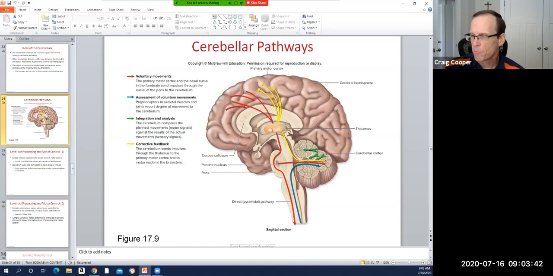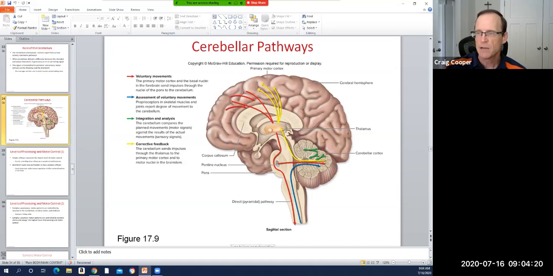Initially we've got this blue one coming into the cerebellum, receiving information from the body, from the proprioceptors, the Golgi tendon organ and the muscle spindle, telling us how much tension is going through that muscle and how much stretch we put on it, so that we know where we are in space: how bent my knee is, how much pressure is on the ball of my foot. That type of stuff goes in there. The pons also feeds some information in. And then the cerebellum needs to figure out what it needs to do about that.